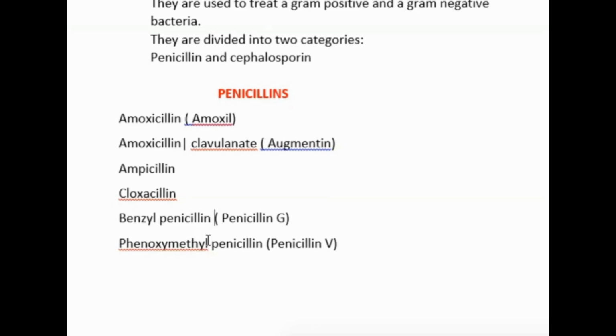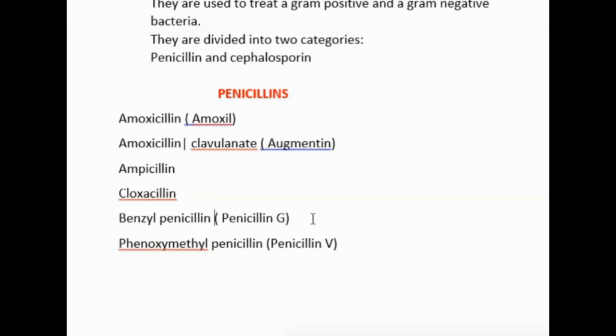Now let us see their uses. They are used to treat severe infections of the middle ear, for example otitis media, bronchitis, pneumonia, infection of the genitals, urinary tract infection, typhoid infections, neurosyphilis, septicemia, endocarditis, and meningitis. Meningitis is inflammation of the meninges, the membrane that covers the brain, and endocarditis is inflammation of the heart.